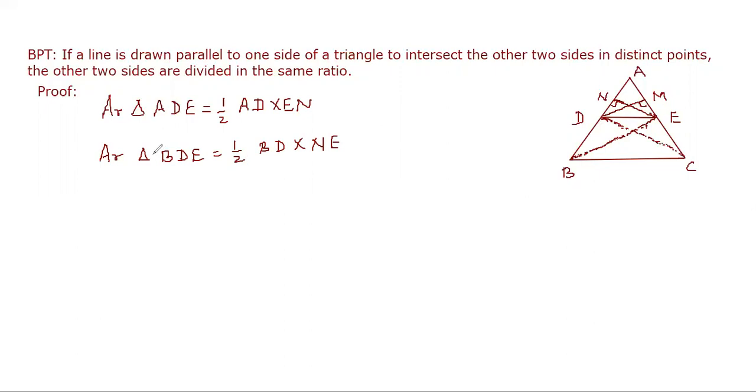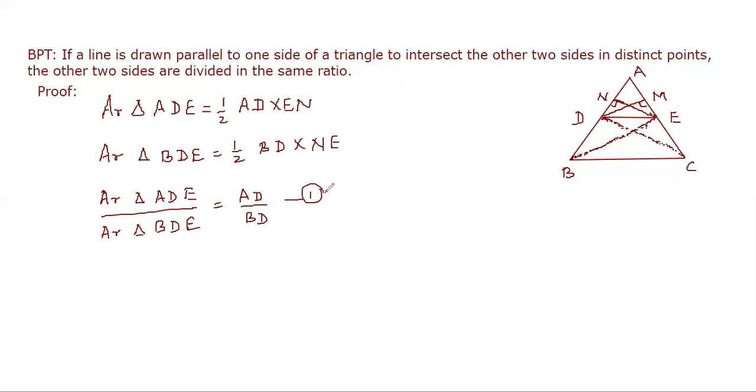Now we divide these two areas. So area of triangle ADE divided by area of triangle BDE. Half will cancel out, EN will cancel out, so we will be left with AD upon BD.